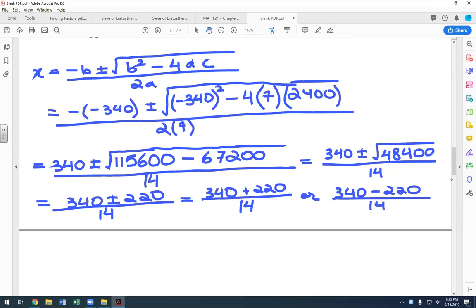What will those be? 40 for the plus? Or 8.57, a decimal? Yeah. Huh. Did not see that one coming.